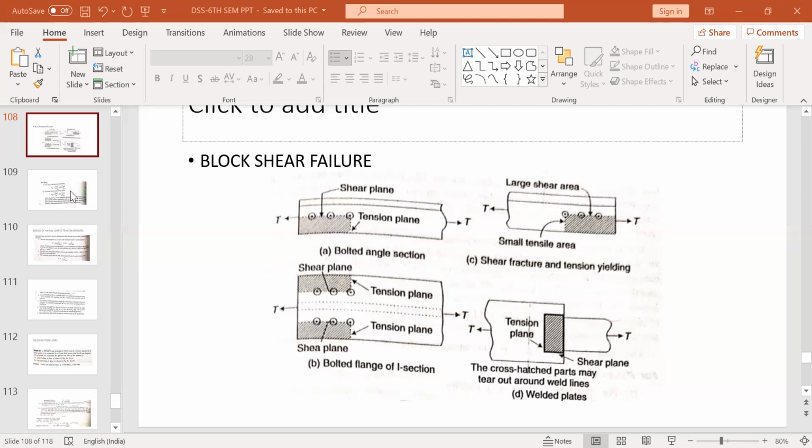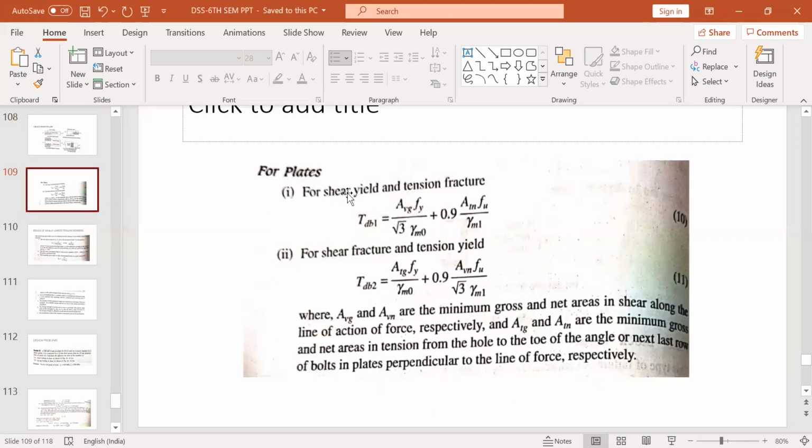So how do we calculate this block shear failure? Let us see in this discussion. If there is shear yielding and tension fracture, for the first case, the block shear tensile strength is Avg Fy by root 3 gamma M0 plus 0.9 Atn Fu by gamma M1.